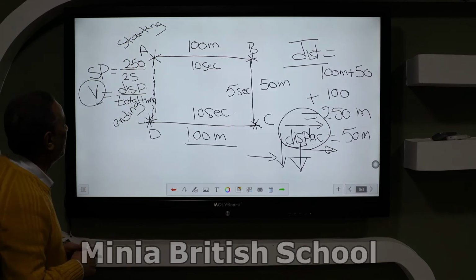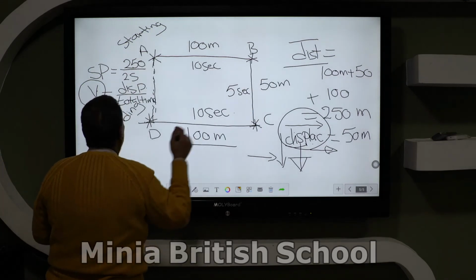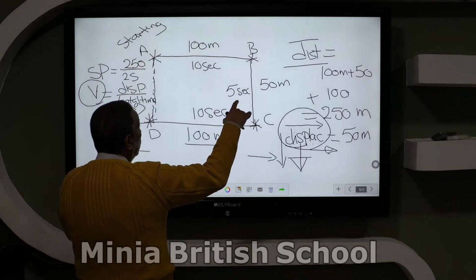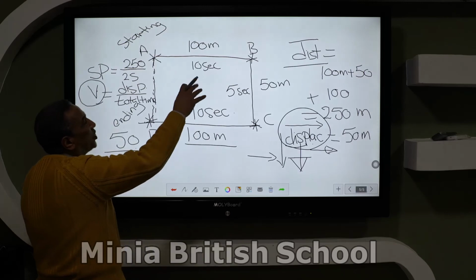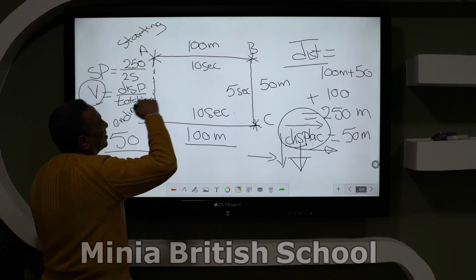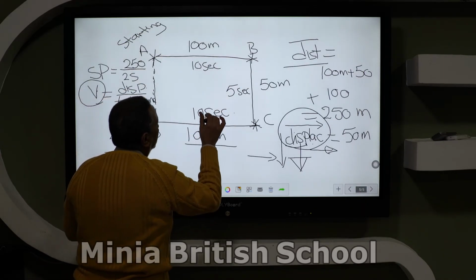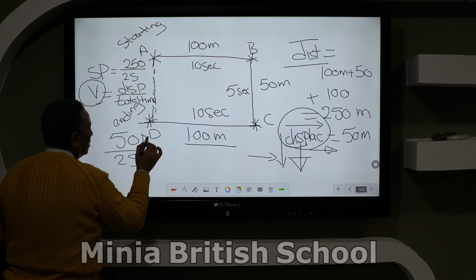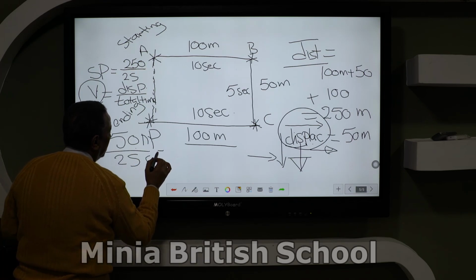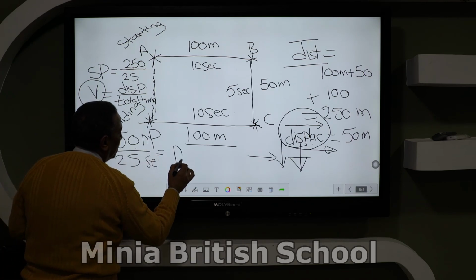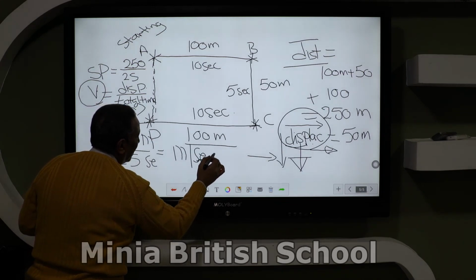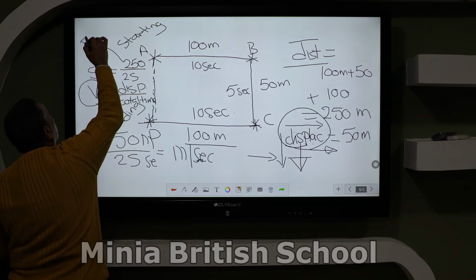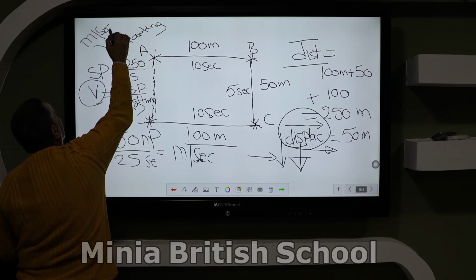Displacement here, the value is 50, over the total time taken for covering the whole distance: 10 seconds, 5 seconds, 10 seconds, over 25 seconds. This is meters and this is seconds. That means the unit will be meter per second. And the same here, if you are calculating the speed, the unit will also be meter per second.